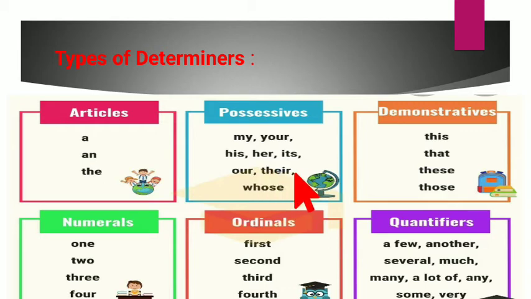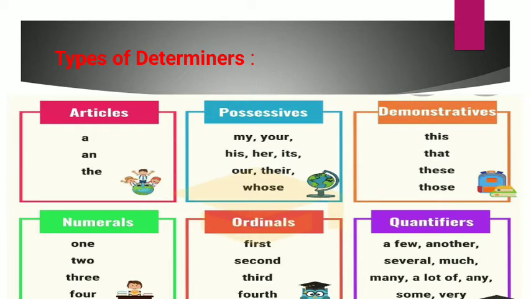When we specify his, her: his cousin is coming, her dress is beautiful. So these examples come under the possessive pronouns.